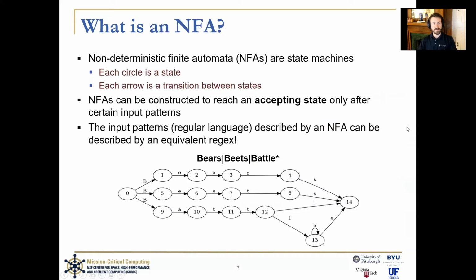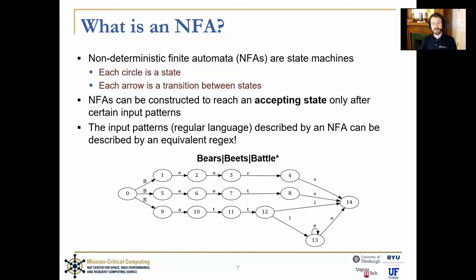What's an NFA? Non-deterministic finite automata, or NFAs from here on out, are state machines. The image shown below, with the circles and arrows in between, represents an NFA, where each circle is a state and each arrow is a transition between states. NFAs can be constructed to reach an accepting state only after certain inputs.